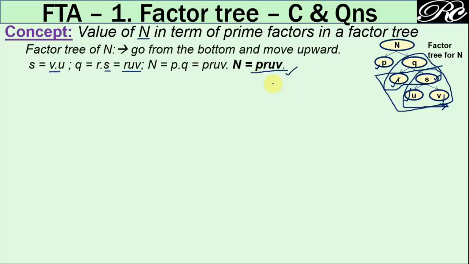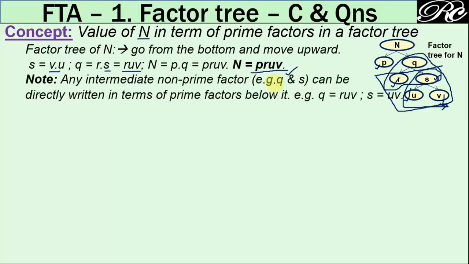Based on this, the question is framed. It is important that there is no need to calculate the intermediate variable, just taking the prime factors below it, you can get the number itself. Say for q, you just have to take r, u and v. So q is r into u into v. You leave this intermediate variable s.